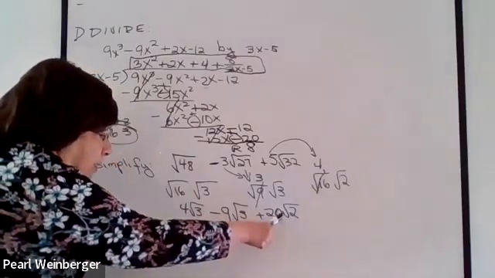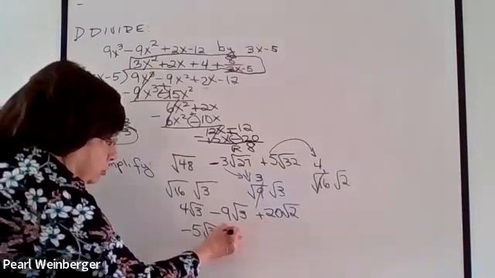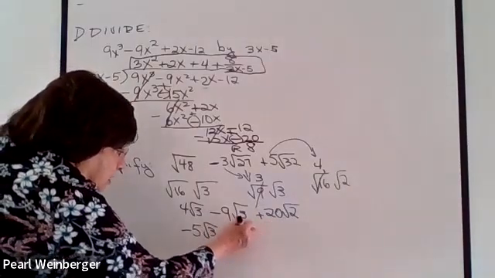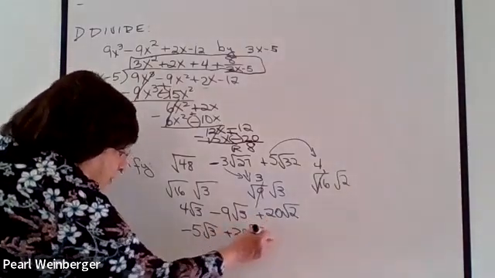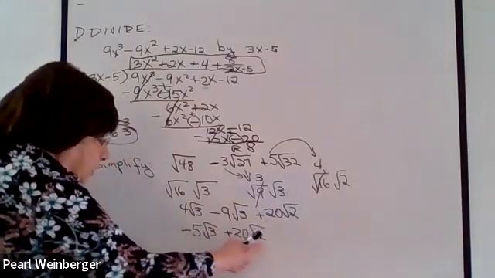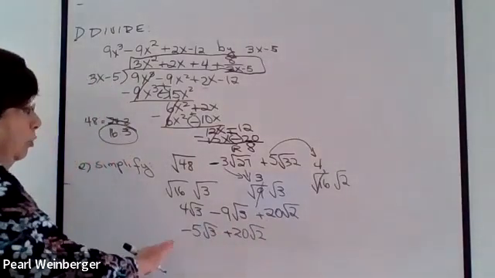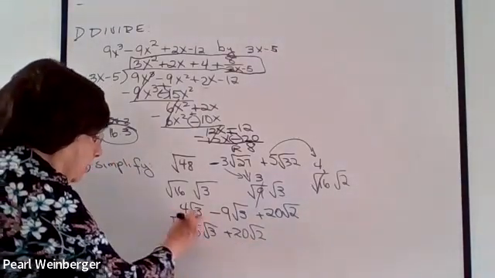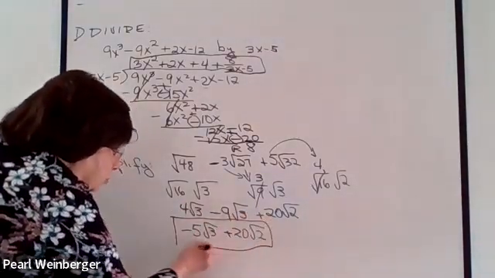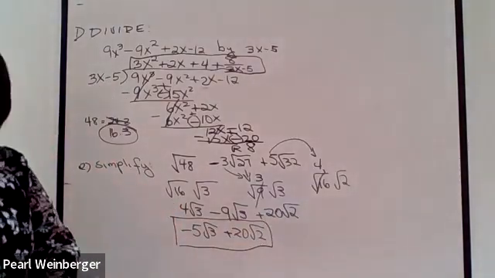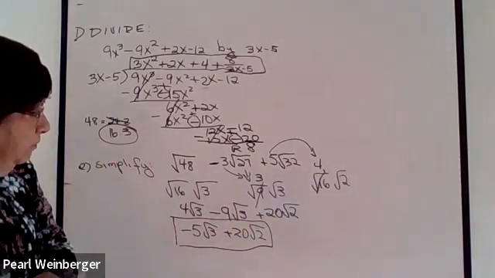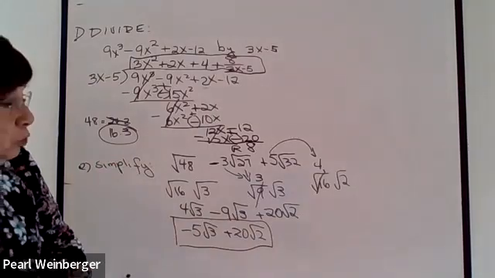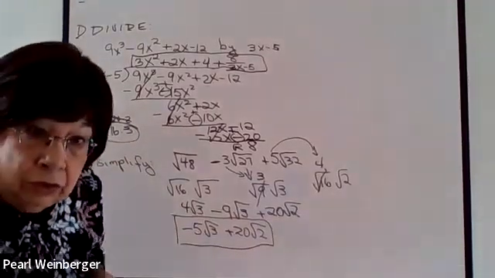I can't combine it with the 20 radical 2 because this is a radical 2 and this is a radical 3. These are not like radicals. This is as far as you can go. This is your answer. Your answer would have been negative 5 radical 3 plus 20 radical 2.